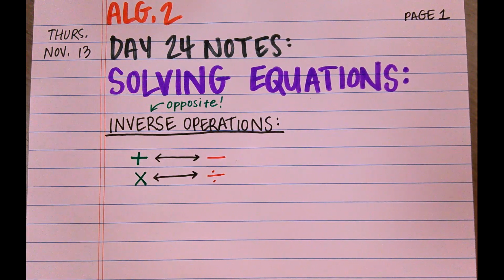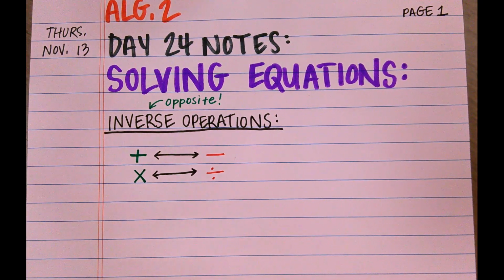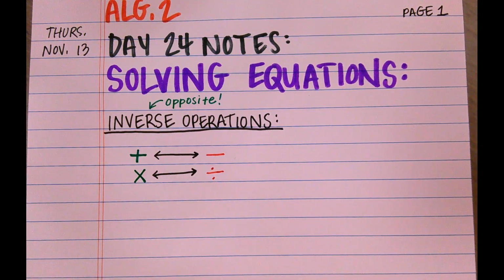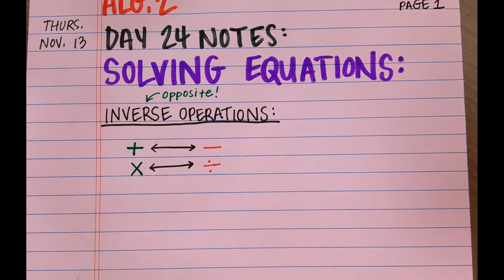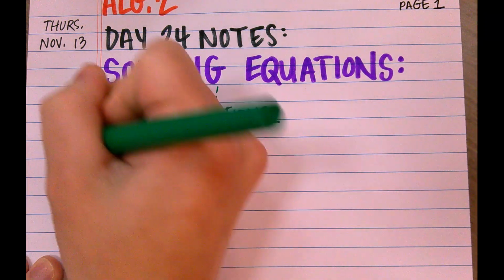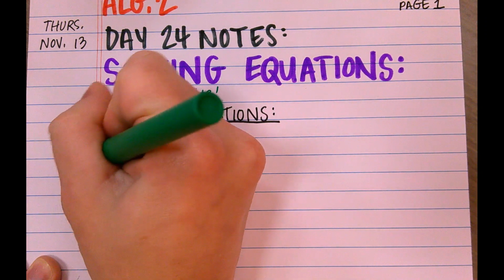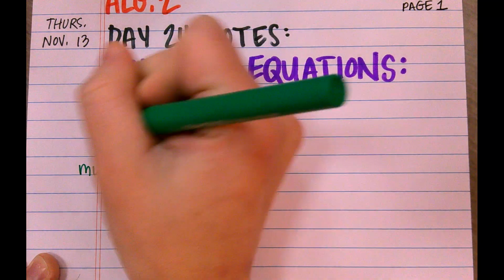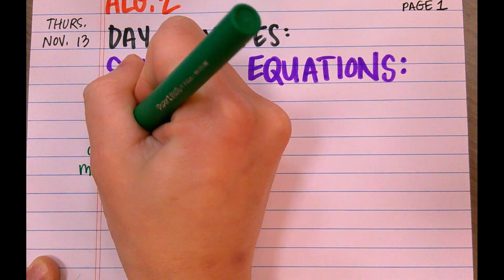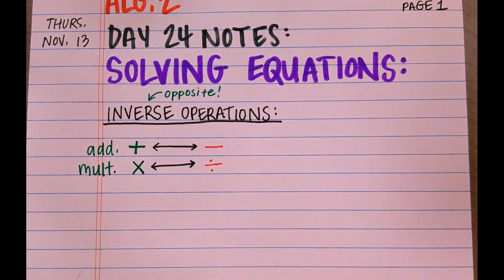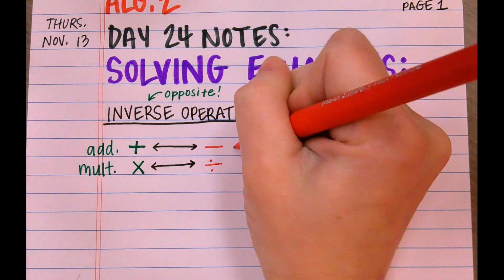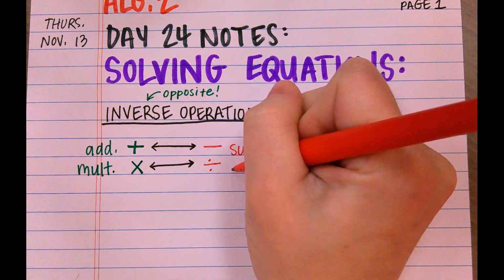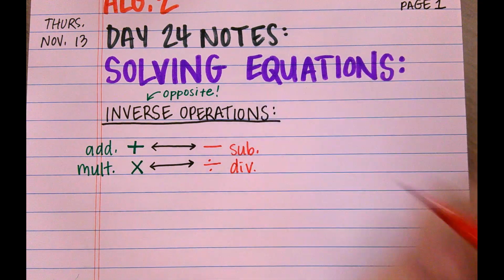And so let's also talk about what we may see these operations look like in an equation. I'm going to write over here MULT just for multiply, and then abbreviate subtraction with sub, and then abbreviate division here.